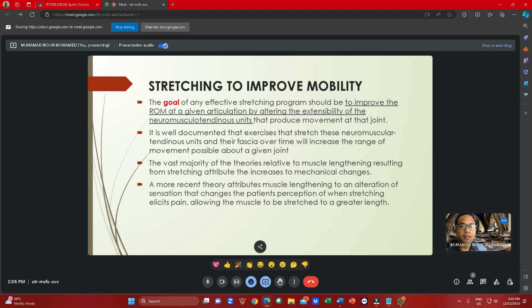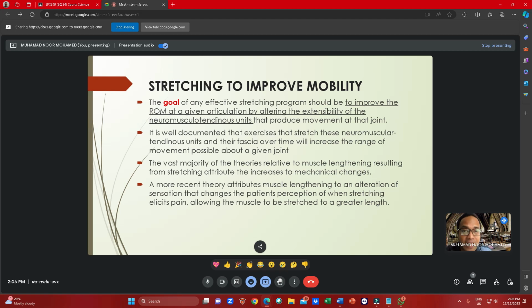Okay. So the goal for any effective stretching program, keep in mind that when we talk about stretching, it has a direct relation with range of motion. The goal of any effective stretching program should be to improve the range of motion at any given synovial joint by altering the extensibility of the neuromusculotendinous unit that provides movement at the joint.